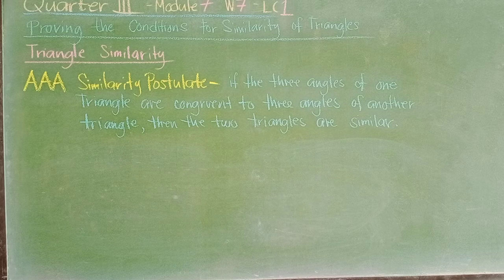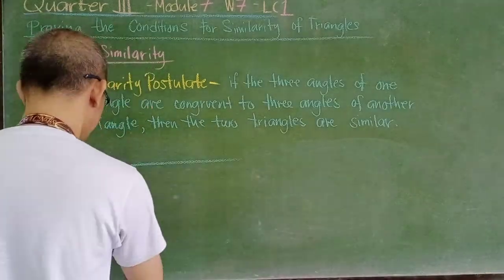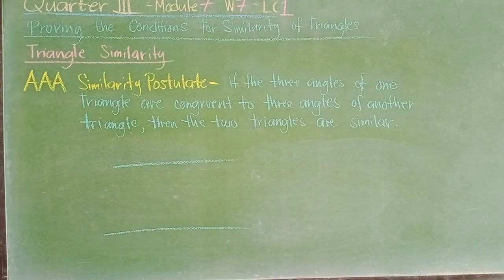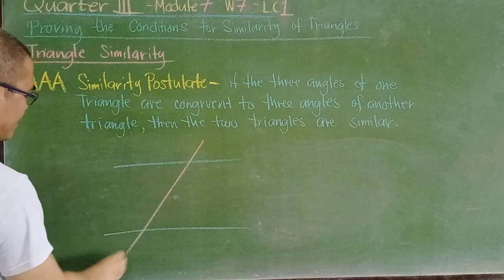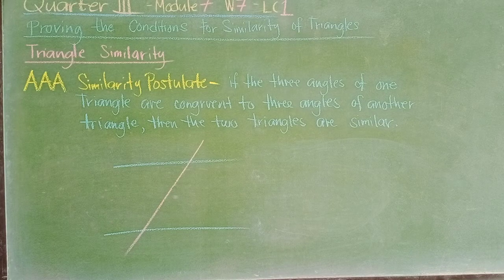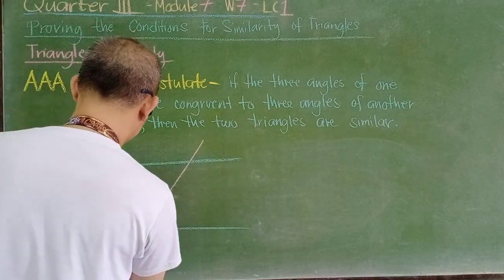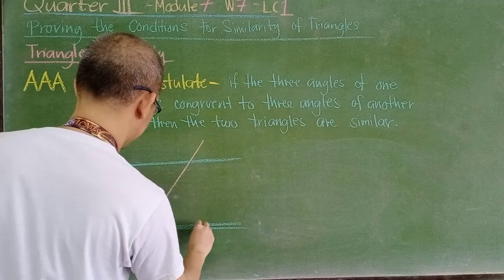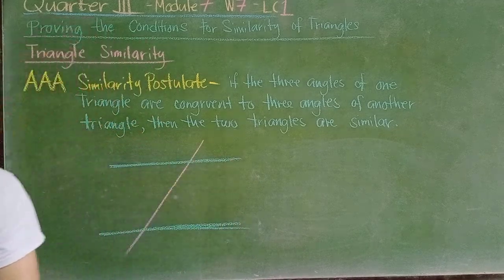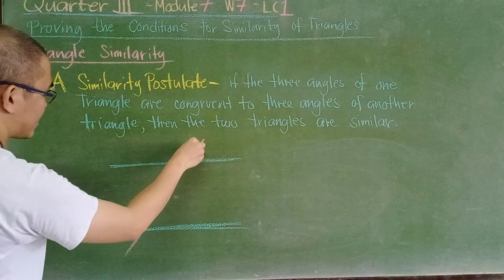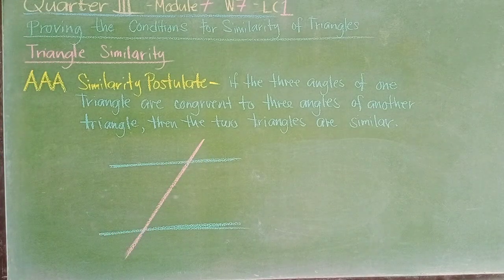So nung grade 8 kayo, diniscuss na sa inyo yung parallel lines cut by a transversal. So pag meron kang parallel lines tapos kinat yun ng transversal, remember these two lines are parallel, so magkamukha sila. If you have parallel lines cut by a transversal, makakakuha ka ng mga congruent angles.